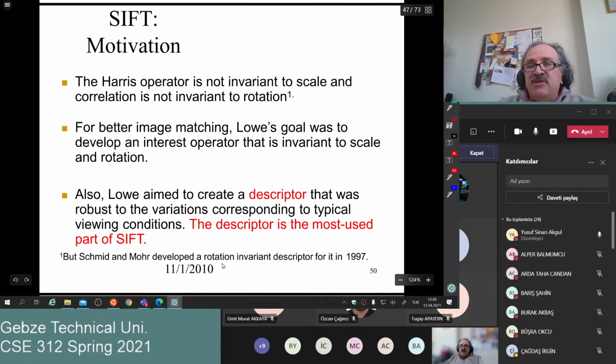Okay, for better image matching, the inventor of SIFT, this guy Lowe, said that he's going to find an interest point detector that is invariant to scale and rotation. So he wants to do whatever the Harris corner detector can do, plus he wants his detector to be invariant to scale. Also, Lowe says that there is a descriptor for the interest point.